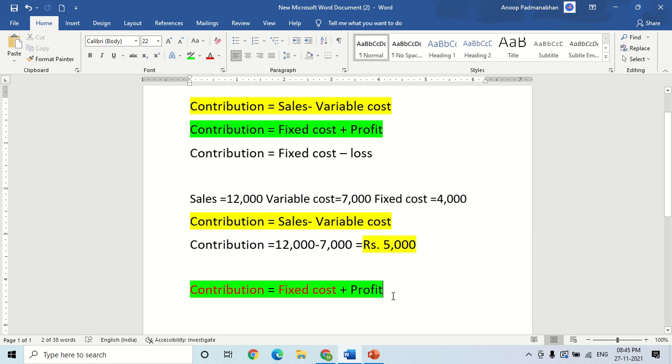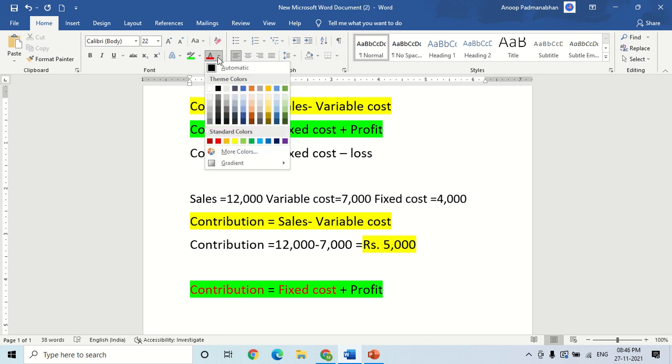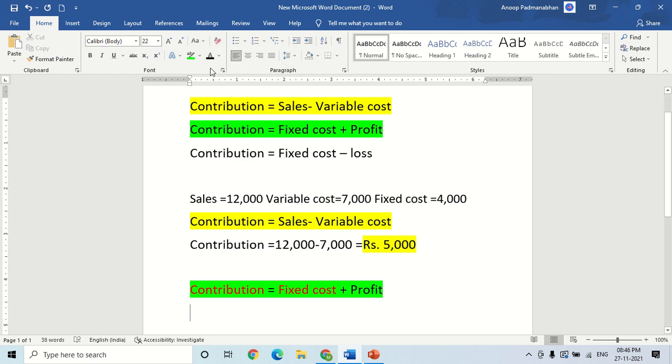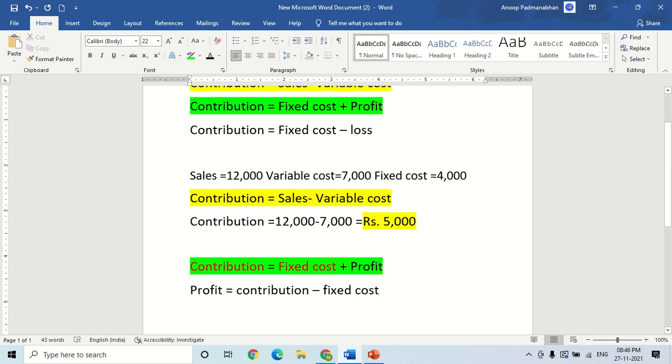So plus fixed cost will become minus fixed cost. I'm going to reframe the equation: profit is equal to contribution minus fixed cost. Just apply the figures and you will get the profit.